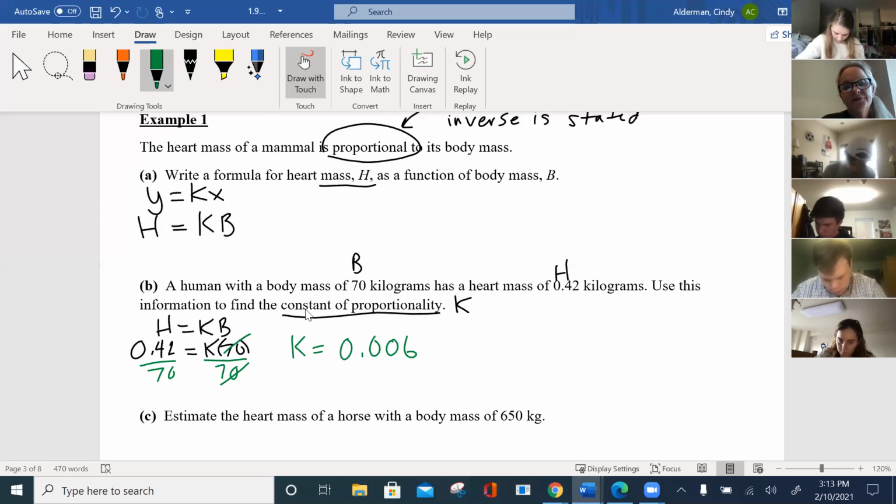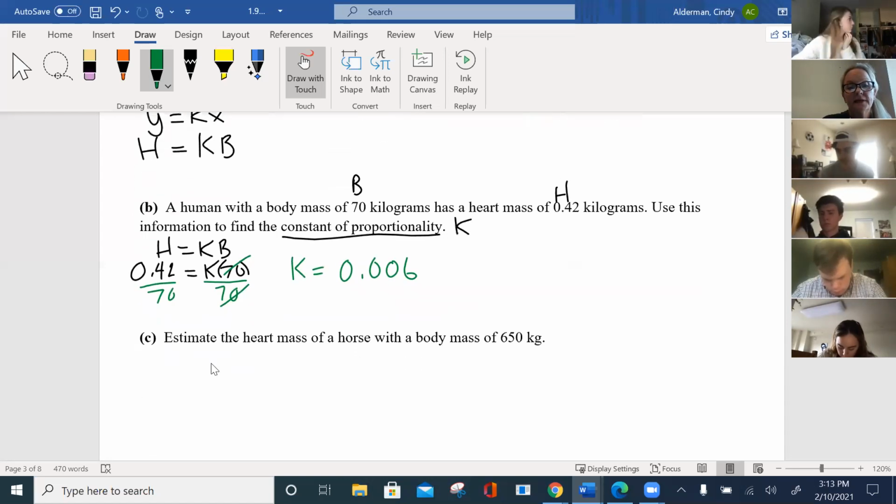So now that we have the k value, that gives us a better formula that we can use to estimate the heart mass of something else.